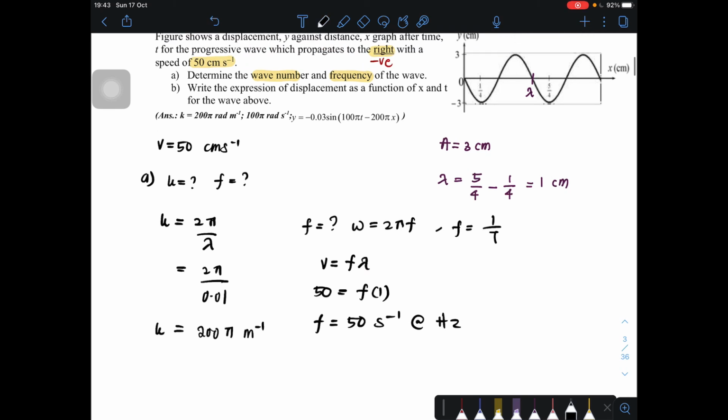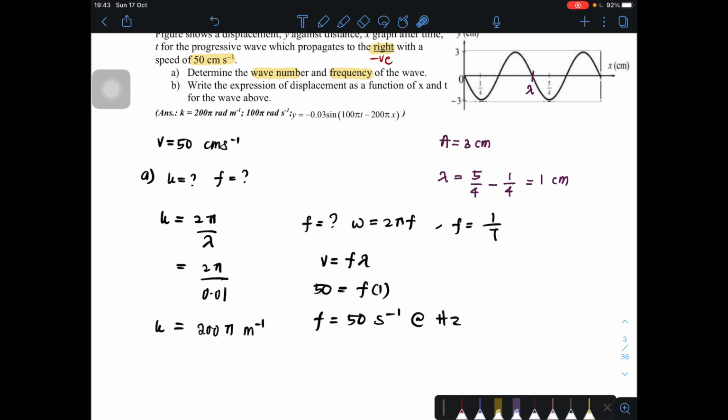Alright, so next one, we want to write the expression of the displacement as a function of x and t. So we want displacement, which is the value for y, as a function of x and t.